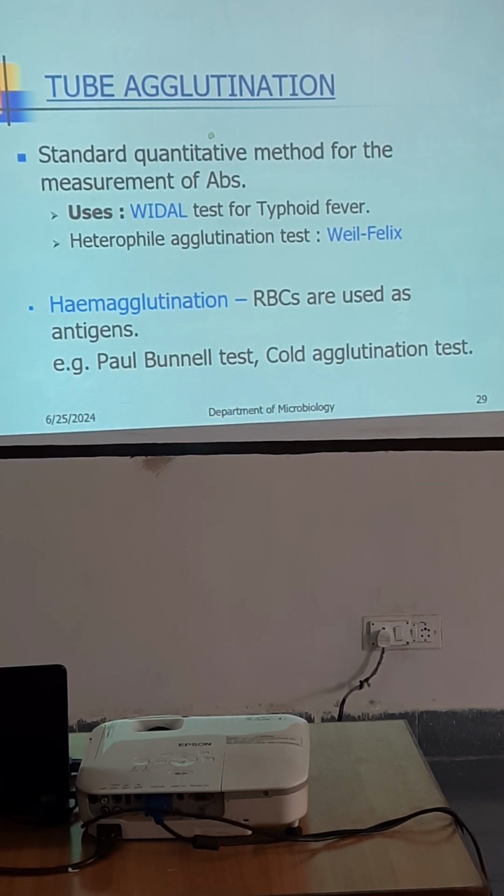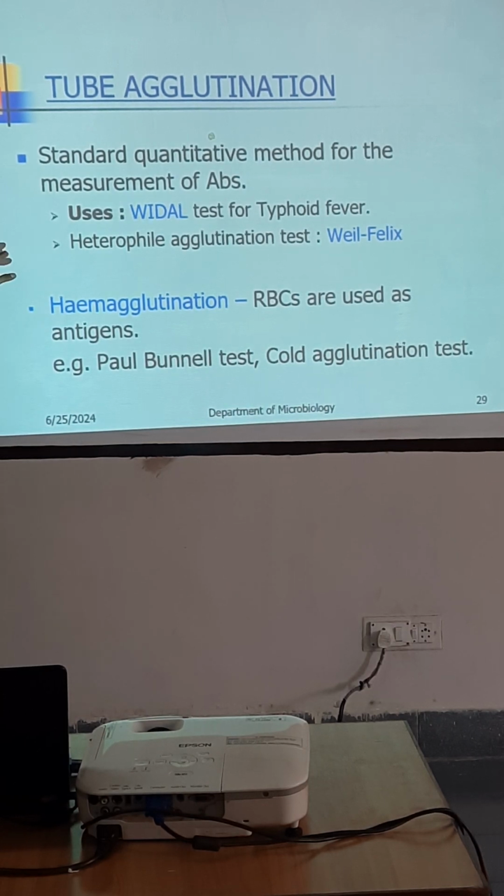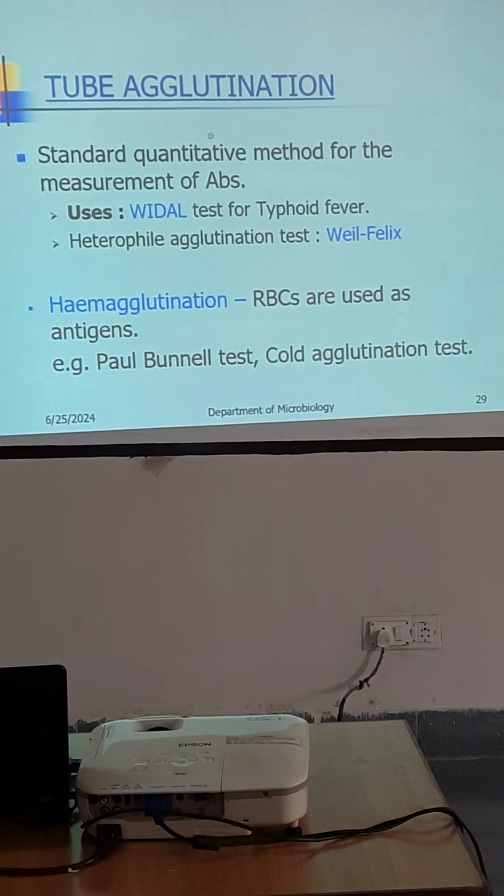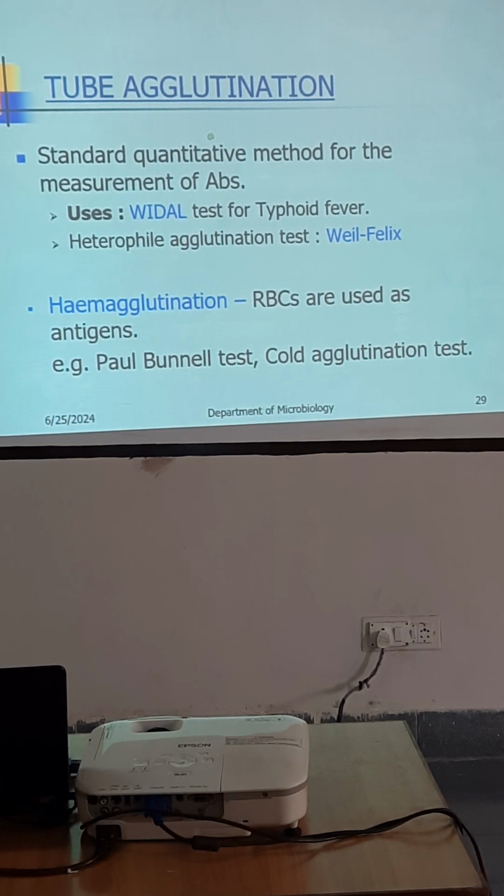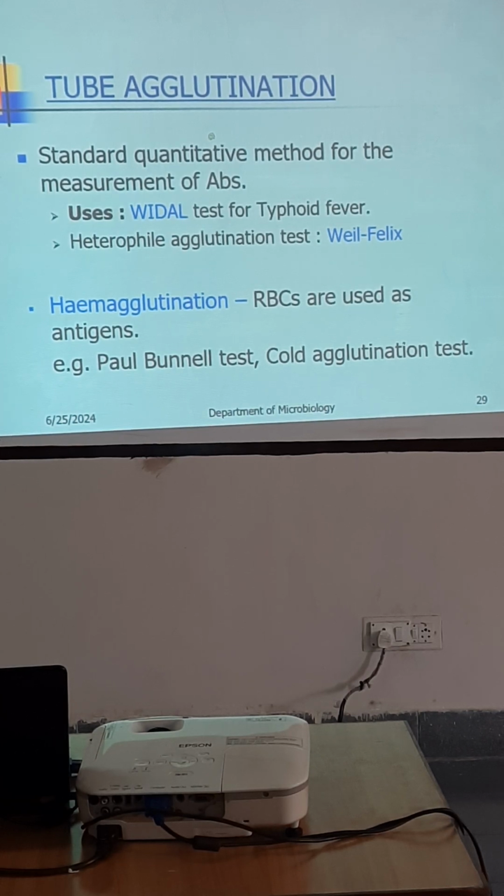Tube agglutination test: the best example is the Widal test, which is done for the identification and diagnosis of Salmonella typhi, for the diagnosis of typhoid fever. The Weil-Felix test is for the diagnosis of rickettsial fever. These are the standard quantitative methods for measurement of antibody, where serial dilution of the serum is done, and an equal amount of antigen is added in each tube, and along with that controls are set up in that particular tube set.